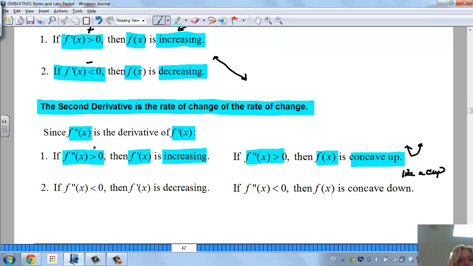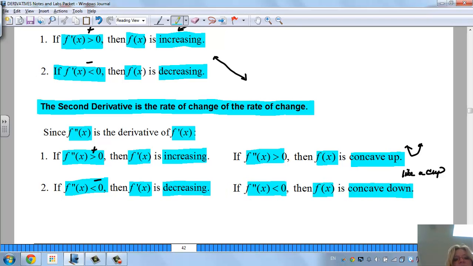So this is positive. When our second derivative is negative like this, that means my first derivative is decreasing, which causes my original function to be concave down like a frown.